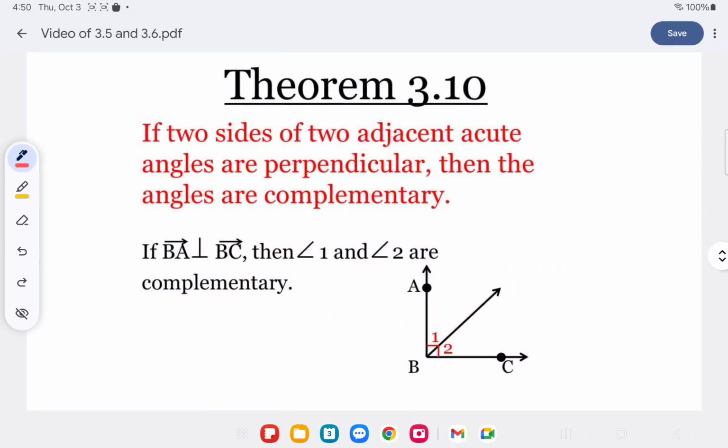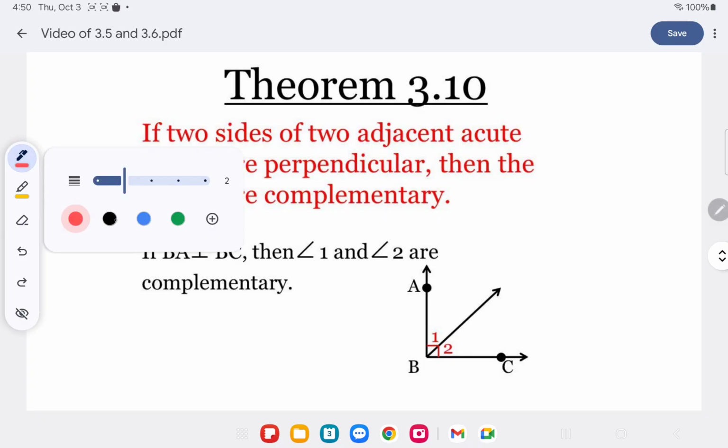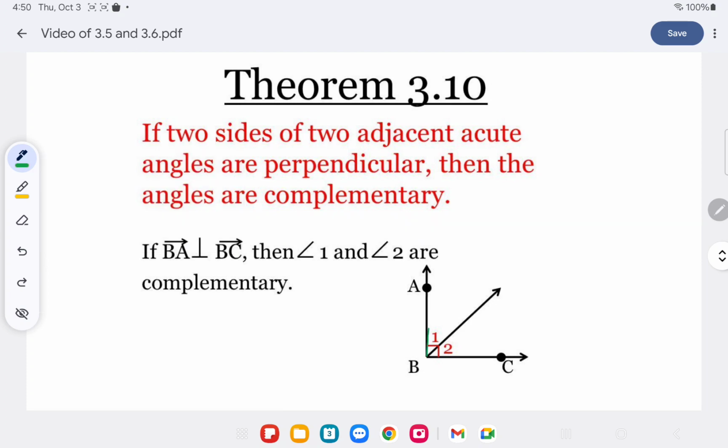The third theorem from this lesson says that if two sides of two adjacent acute angles are perpendicular, then the angles are complementary. So in other words, we have side BA and side BC.